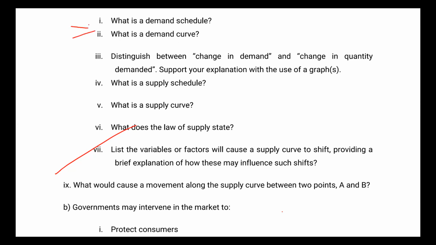Number one, anyone, you can mention one. There are many of them that we discussed. Number one, weather. How does the weather affect the supply? For example, when it is too cold, suppliers will opt to supply more warm clothing.